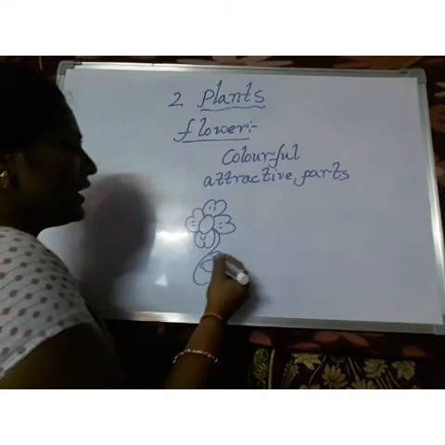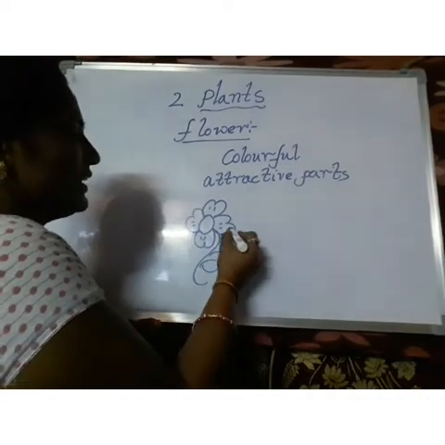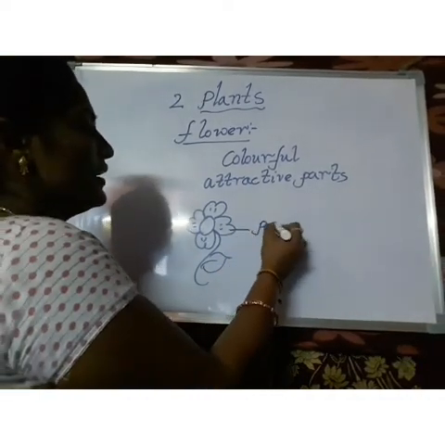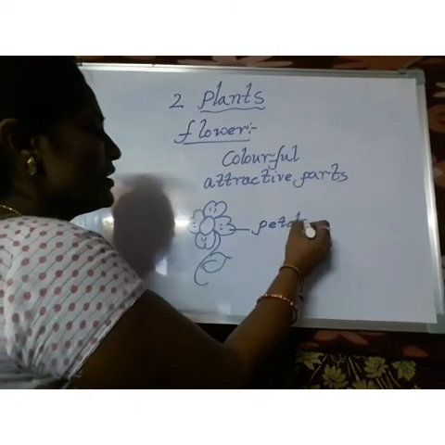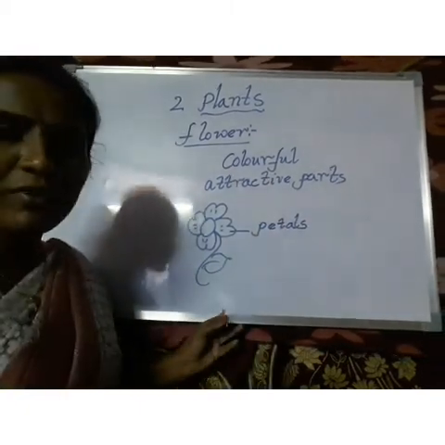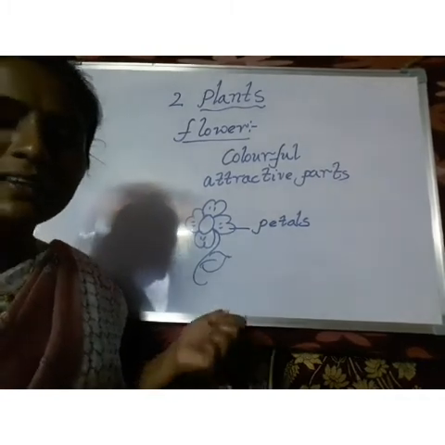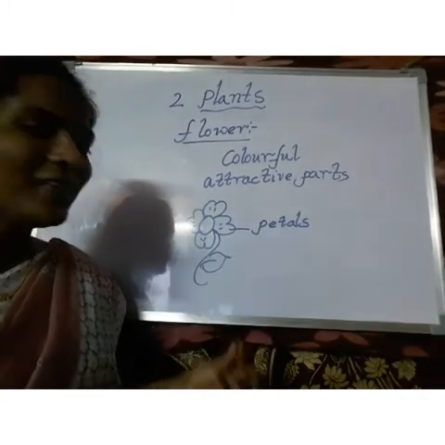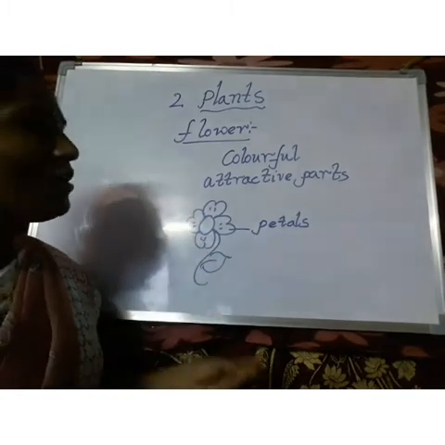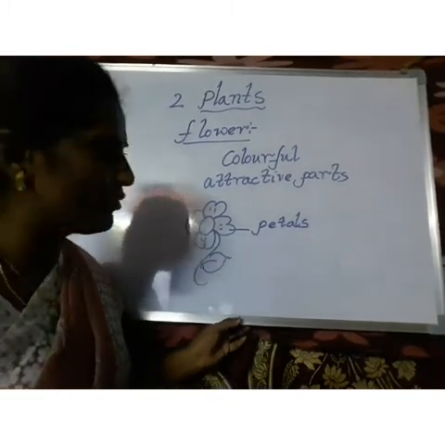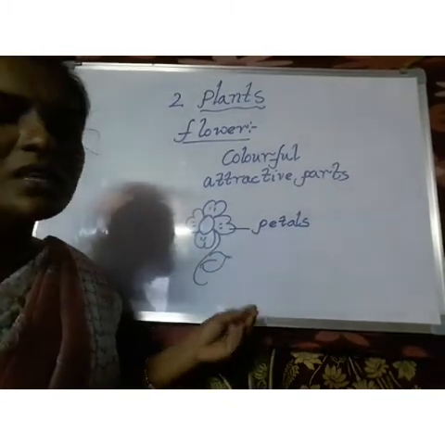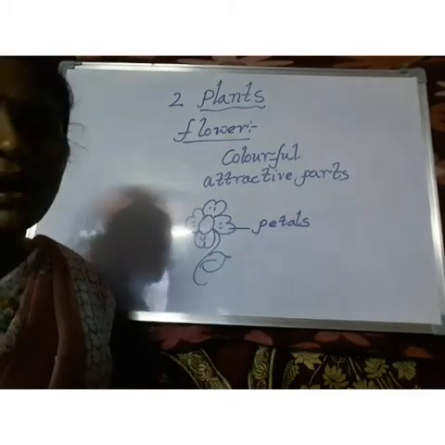See here, one picture of a flower is there. These are called petals. All flowers are in different colors. Why do they have different colors? To attract the insects. And what is the use of these attractive parts?